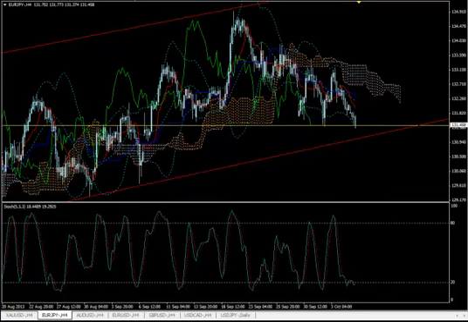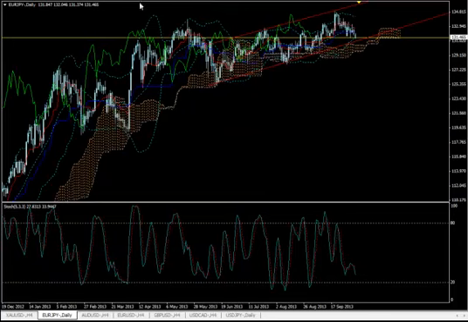Okay, so don't worry about this picture here, because every wave is being born in the smaller time frames.